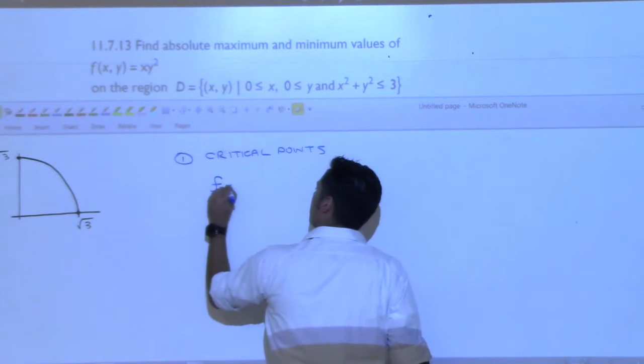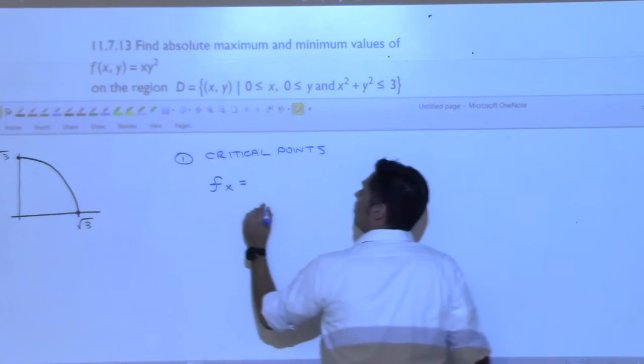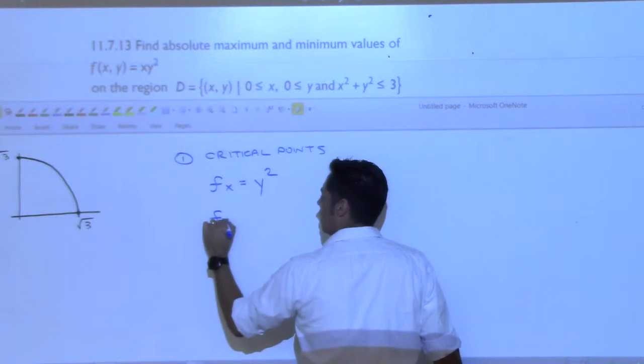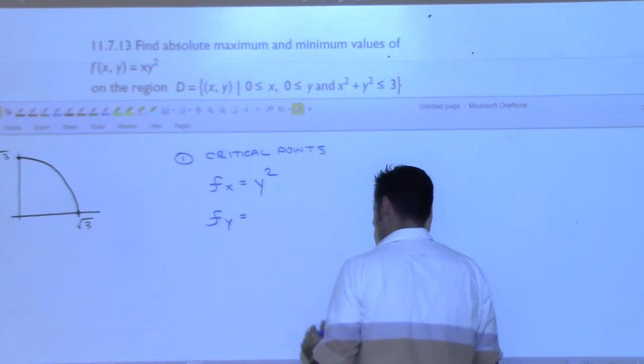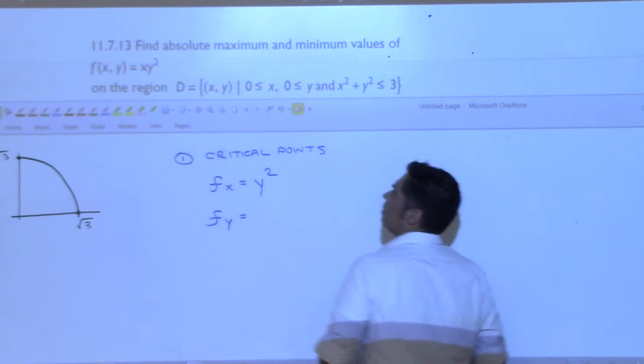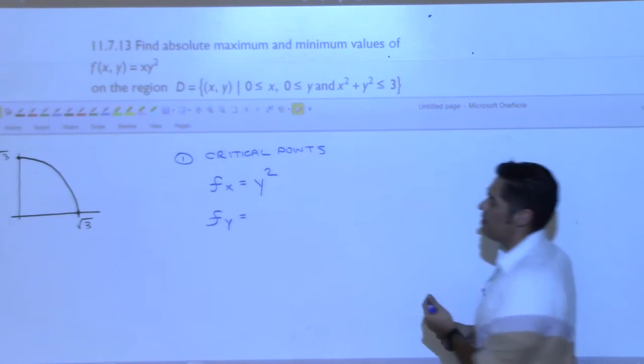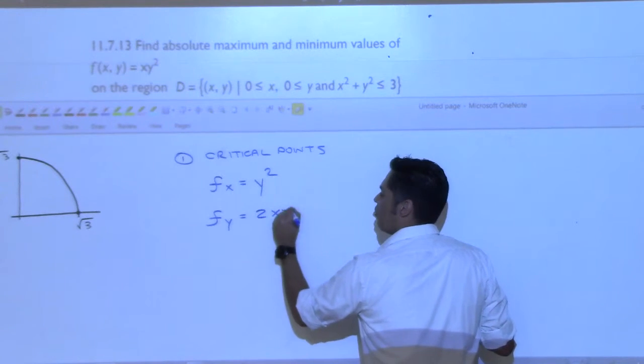With respect to x, it's y squared, okay. And with respect to y? 2xy. Yeah, the 2, because of the power rule on the y squared. So the 2 comes out, the x doesn't change, so 2xy.